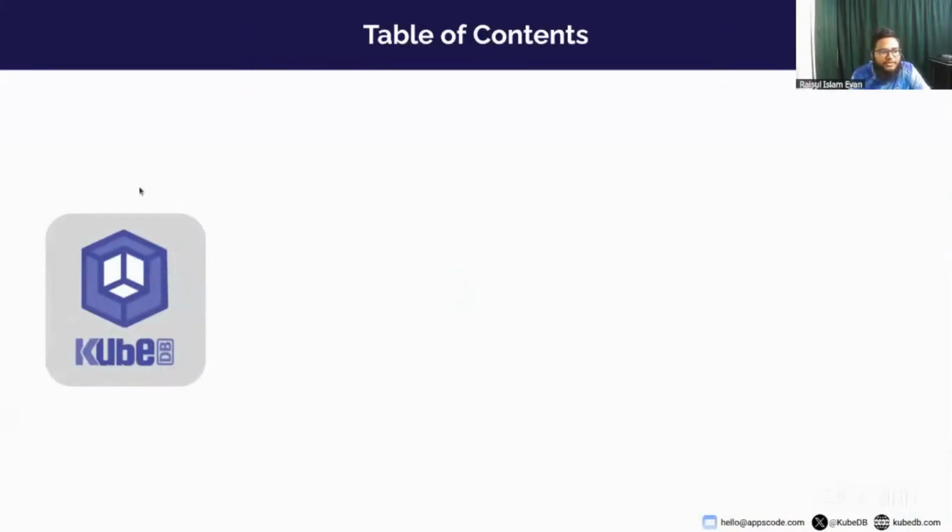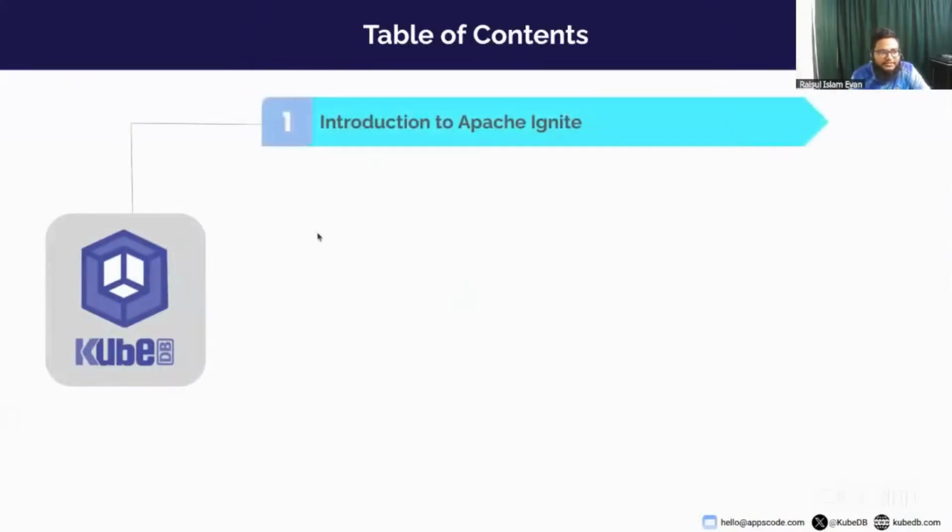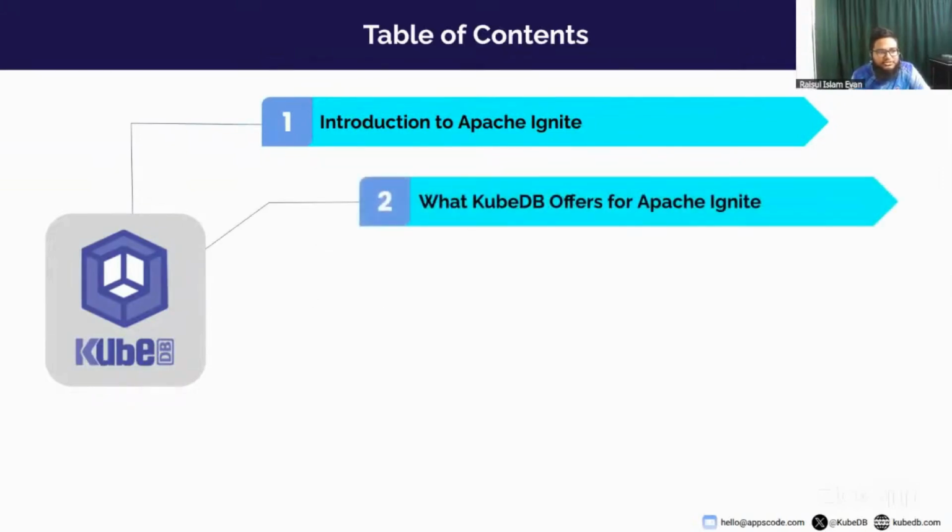Here we have our table of contents. At first, I am going to talk about Apache Ignite, like what is Apache Ignite, why people use it, and what it offers. Then I will jump into what KubeDB offers for Apache Ignite. We'll discuss why you should use KubeDB to manage Apache Ignite and what KubeDB does to your Apache Ignite database and others.